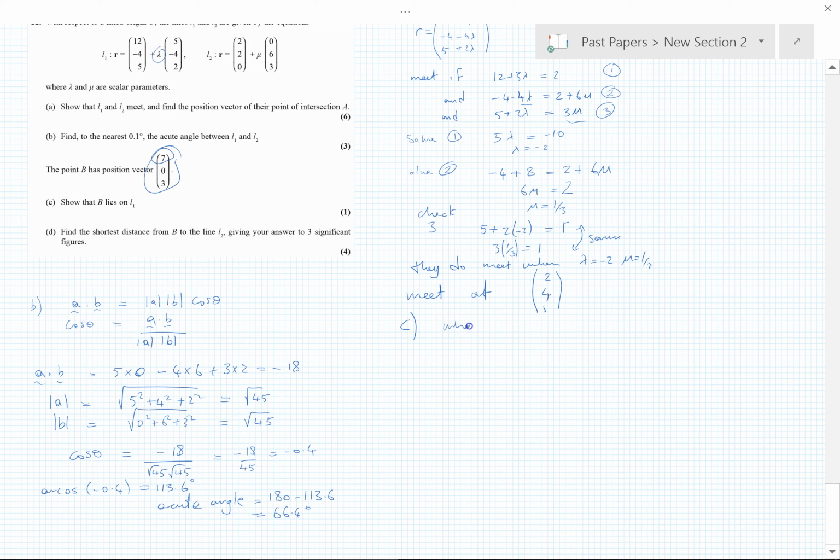So when lambda equals minus 1, R equals 12 minus 4, 5, plus minus 1 times 5 minus 4, 2, and we can see that that gives us 7, 0, 3, so that lies on the line. So B lies on the line.